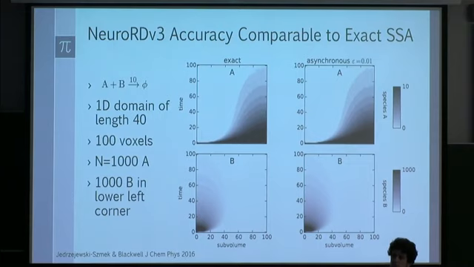The other thing we do with this leaping is we don't leap all events at once. We leap the single event at the top of the queue, and then the next event comes up. And so that allows us to avoid some of the issues of depleting molecule numbers by leaping all the events at once.